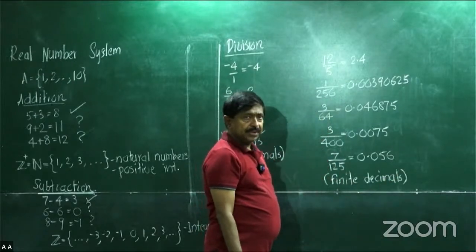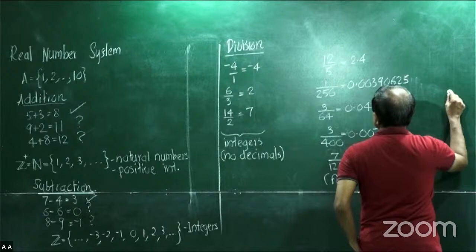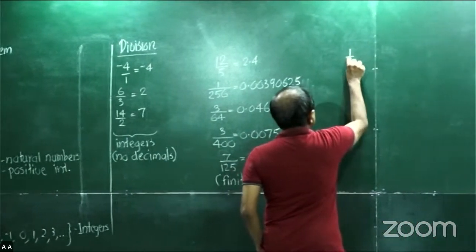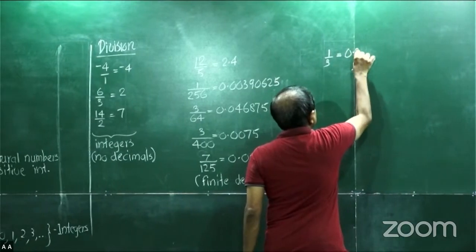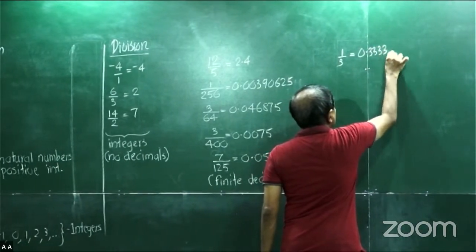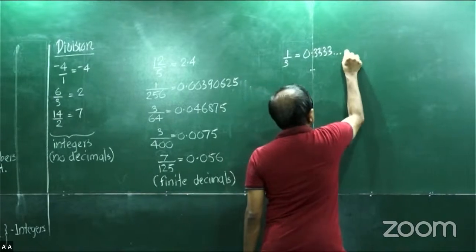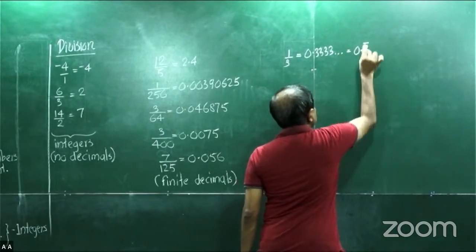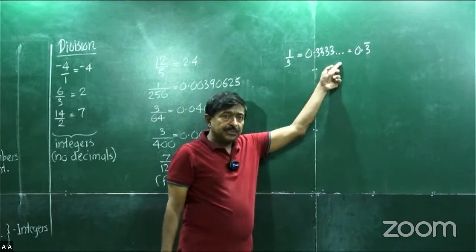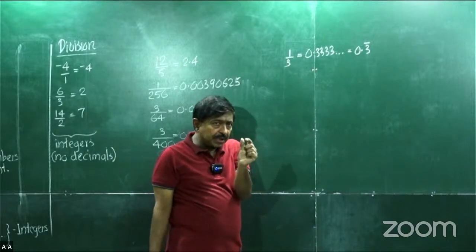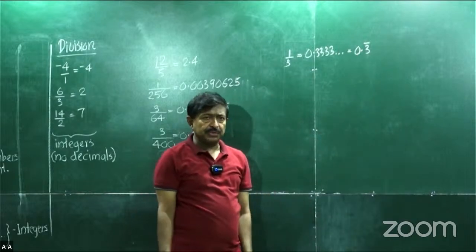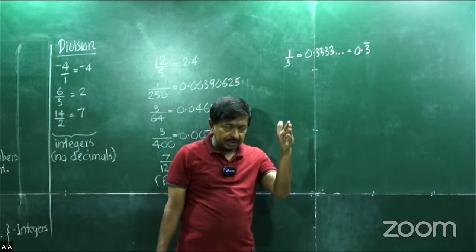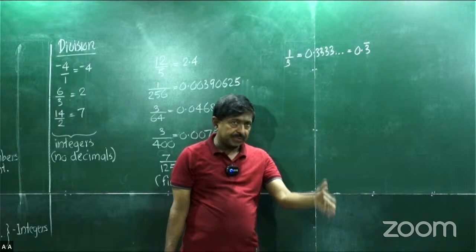Then the third type, where you have something which is not 2 and 5 in the denominator. When you divide it, you get that one. Here it repeats. The smallest repeating chunk has only one digit. Therefore, you can put a bar on top of that. That means it is 0.333, and after that, it repeats.